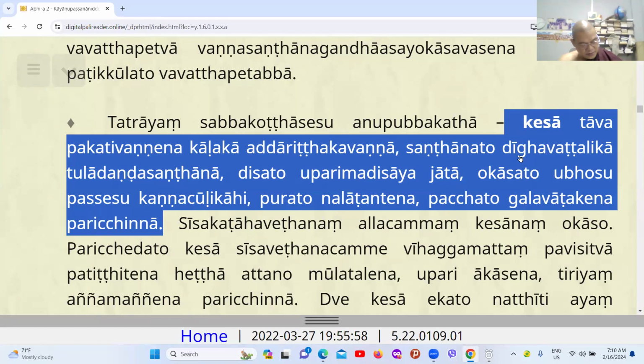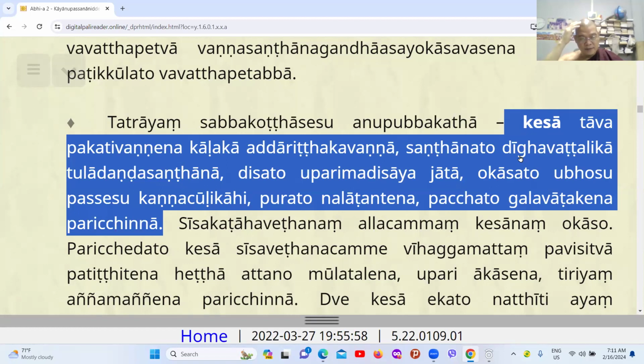Sisakatahaveṭhetvā, it encloses or covers the skull, the scale of the head.